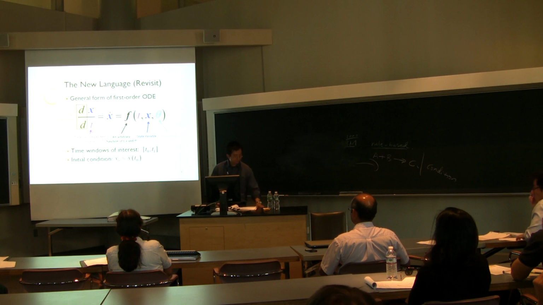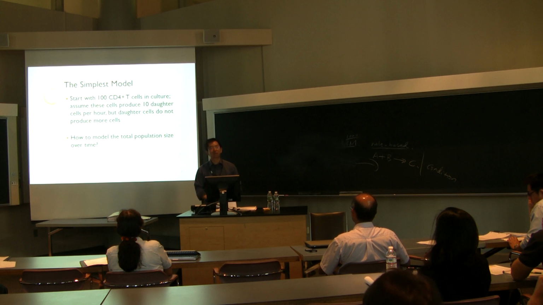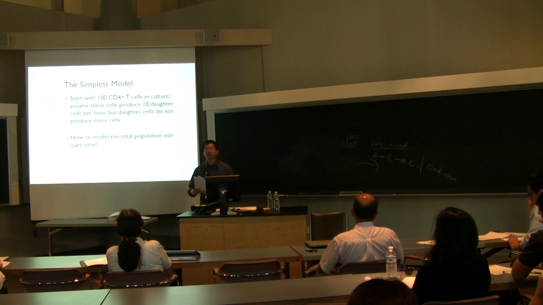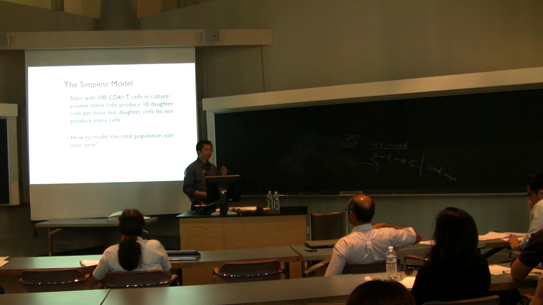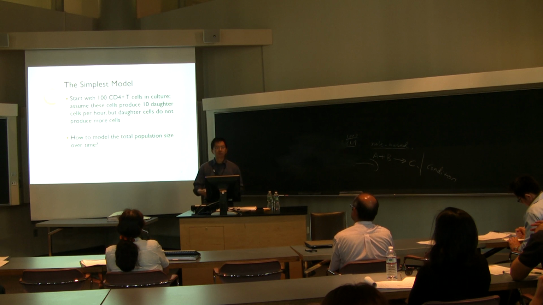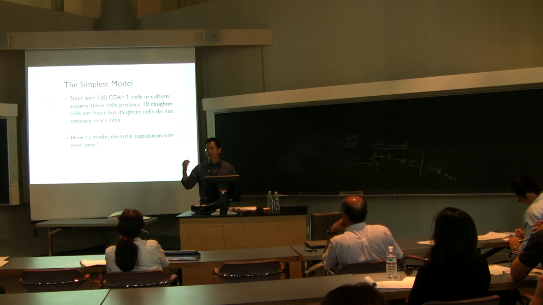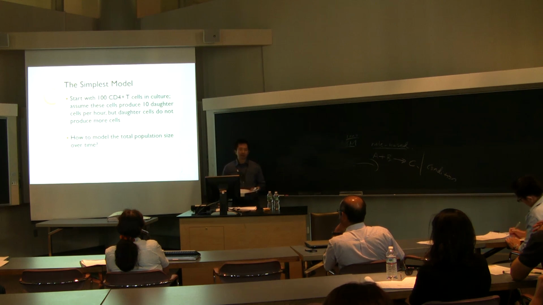Now let's start to actually do some modeling. Yesterday we talked about the general concept and the computing method, but we haven't talked about how to actually construct models that can describe your biological problem. Let's start with this very simple example.